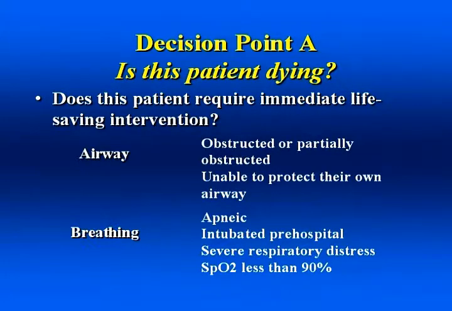Are they unable to protect their own airway? Are they apneic? Or were they intubated prior to arriving at the hospital? Or does the triage nurse feel they need to be immediately intubated or placed on non-invasive ventilatory support because they were in severe respiratory distress? Or is their oxygen saturation less than 90%?